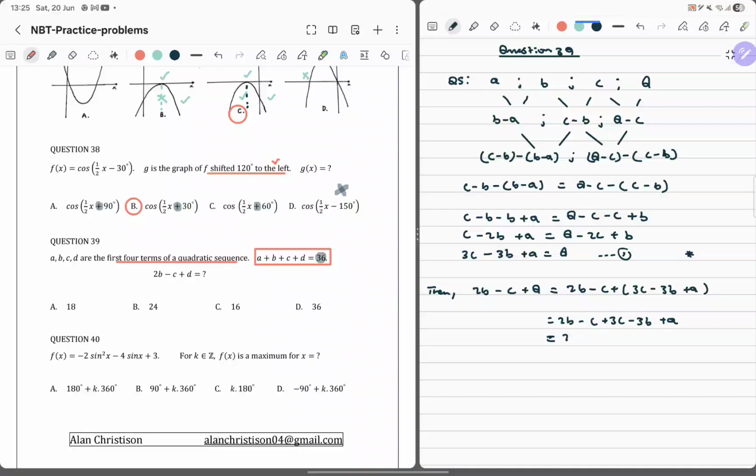Now, we've got minus B. Okay, let's look at this. This is 2C. Okay, there's 2. And then these two is going to be minus B plus A. Okay. So this is what we get.